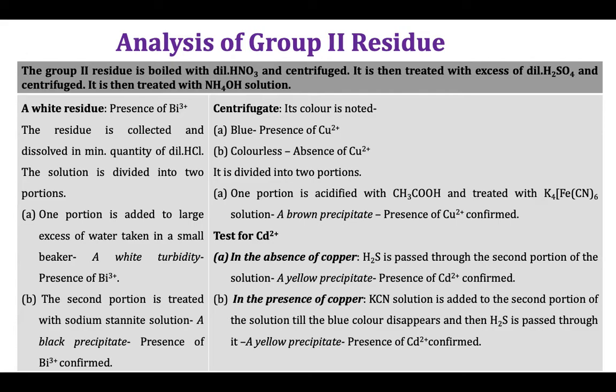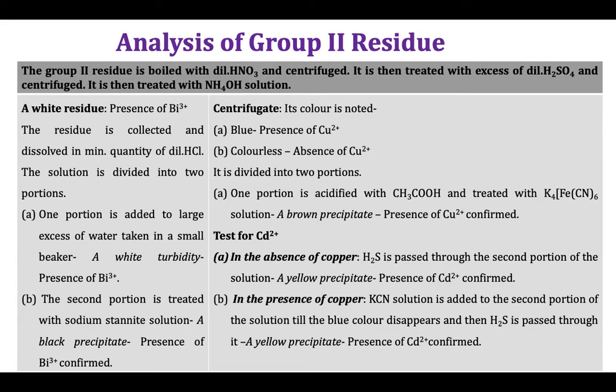If copper is absent, to the second portion we will pass H2S. If cadmium is present, a yellow precipitate is obtained. The yellow precipitate is cadmium sulfide, which shows the presence of cadmium.